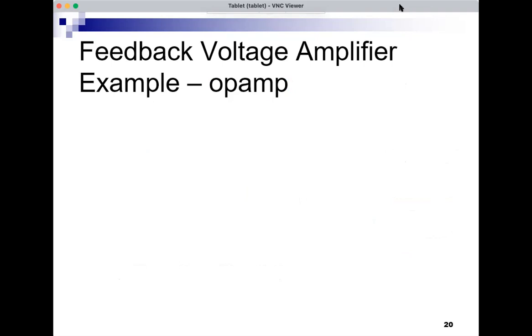Let's show a feedback amplifier, starting with the system flow diagram. So this is what we had, the sigma and the A, and the output and the flow direction here.